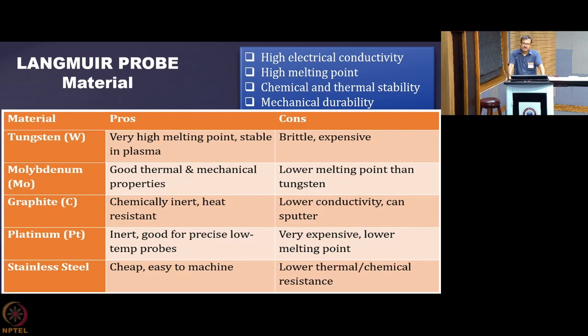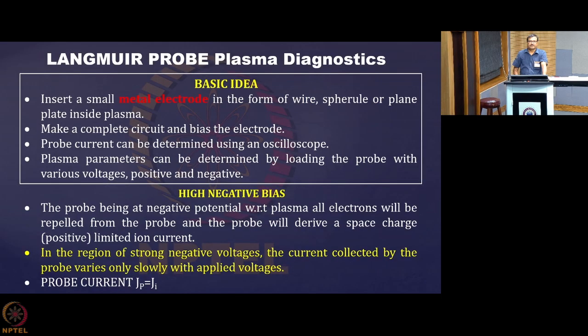Now stainless steel is cheap and easy to machine, so you can easily fabricate it, but it has lower thermal and chemical resistance. So these are the materials you can use. Mostly you can use tungsten for construction of such probes for average measurements.